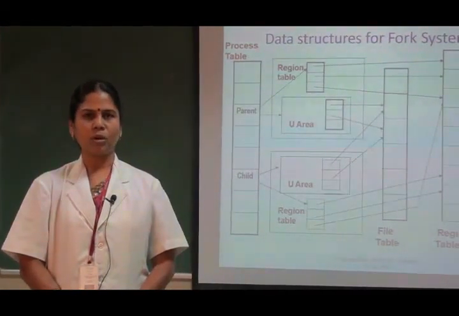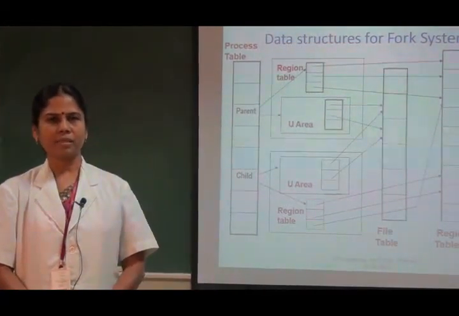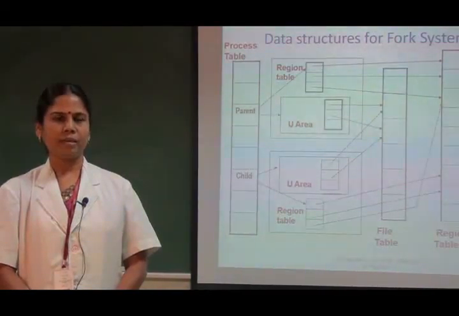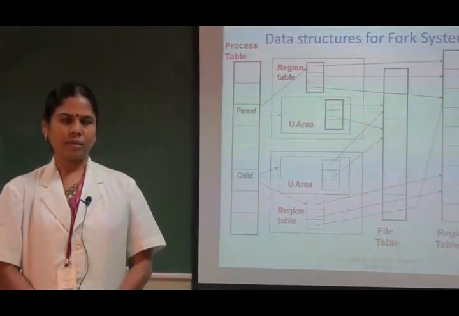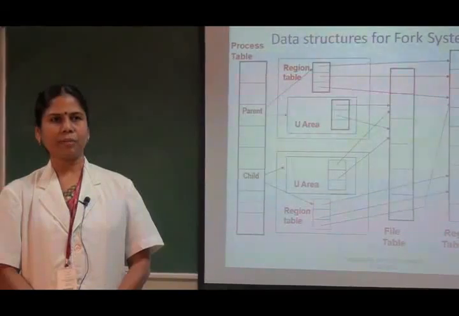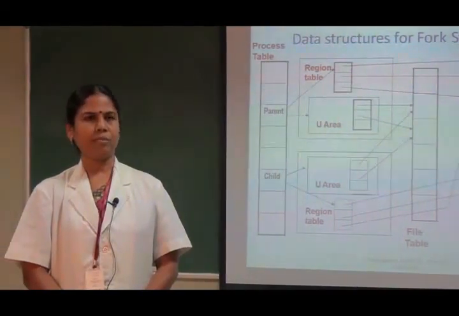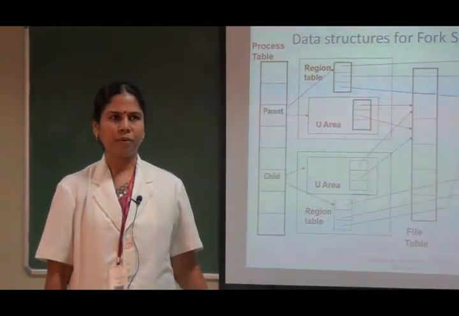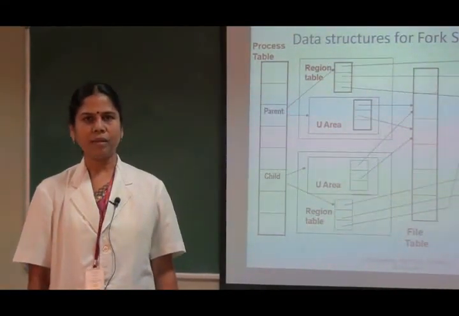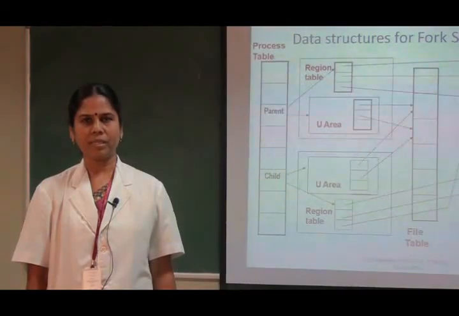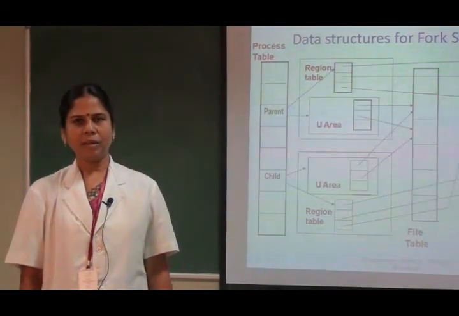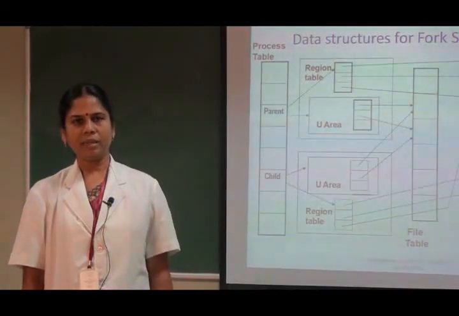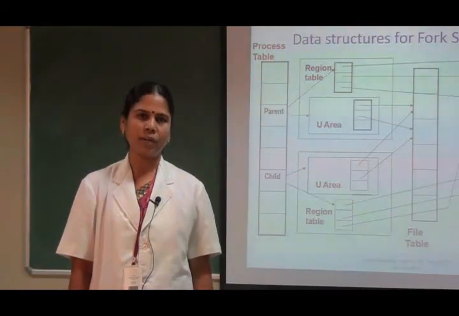These tables are handled by the file subsystem for open, read, write, close and seeking to a particular byte in the file. The process subsystem has four data structures: process table, U area, per process region table and region table. The U area contains the information regarding the processes.